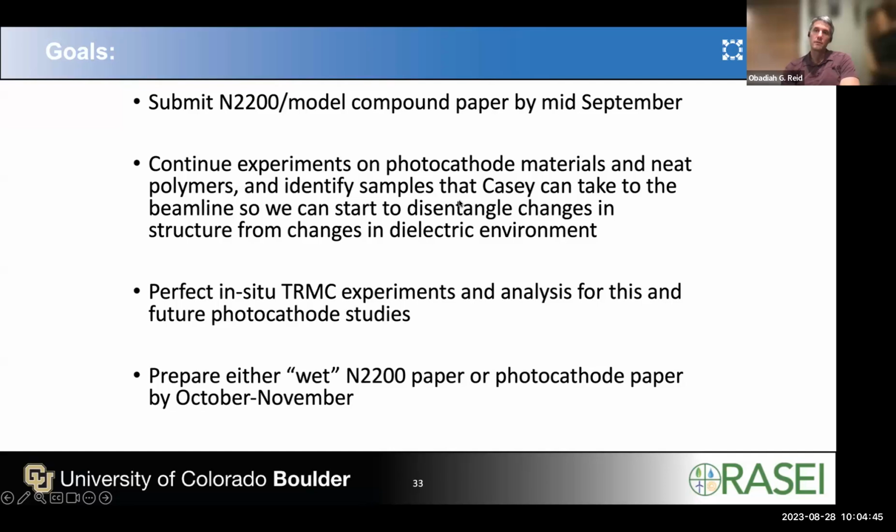Gary. Yeah, I just want to comment about the "wet" in quotation marks. Just as a general thing for the center, this is the key difference between the studies taking place in this center and what's been done in the past, because we're trying to understand the effect of an electrolyte in the vicinity of charges in the polymer film, and to have it just be wet is a bit vague.